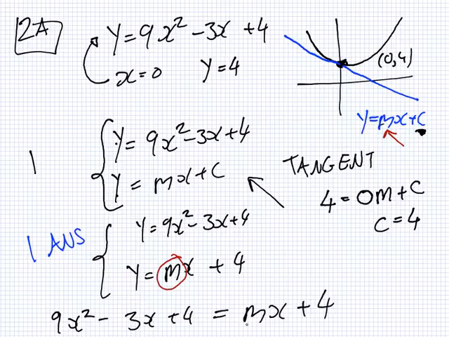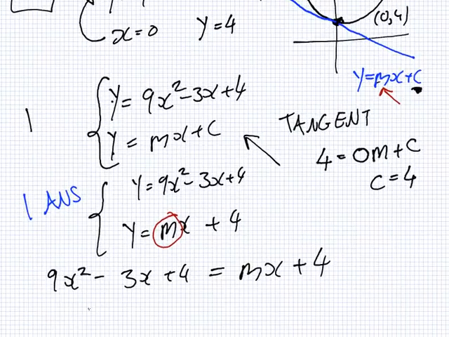Do I actually need to know the x here? Well, no, I don't. And I already know what the x is anyways. Where do they meet? At 0. What I really care about is how many answers there should be. There should be one answer.